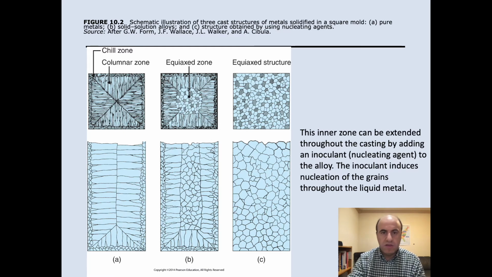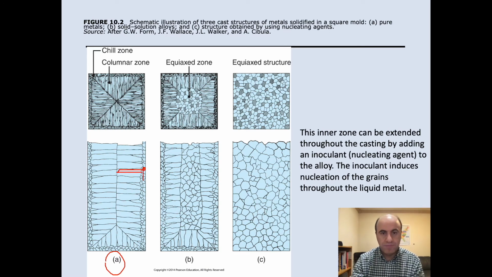Here in this schematic, we have three cast structures for metals. The first one on the left is pure metal. We mentioned that we have a skinning effect or chilling effect near the wall, so the grains are small. And then further inside, we have columnar grains.